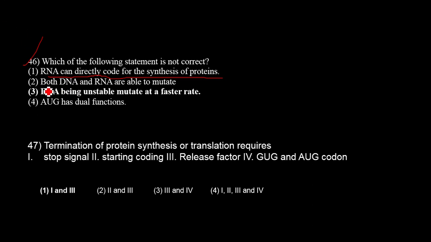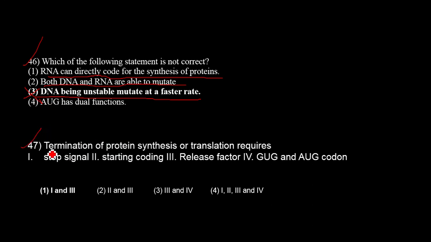Next, option 2, both DNA and RNA are able to mutate. Yes, both are able to mutate, but RNA mutates more than DNA. Option 3, DNA being unstable mutates at a faster rate. It is wrong. RNA being unstable mutates at a much faster rate. Hence option 3 is our answer. Question number 46, option 3 is our answer.